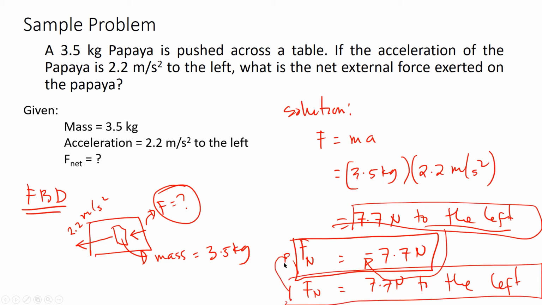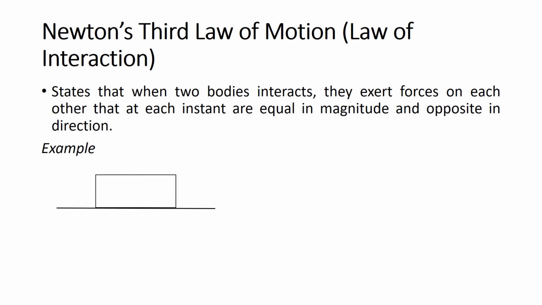Okay, now moving on to the third law of motion. The third law of motion is also known as the law of interaction. This law is very applicable particularly in sending rockets, or rocket space science. They're using the concept of the law of interaction to be able to send rockets into space missions.